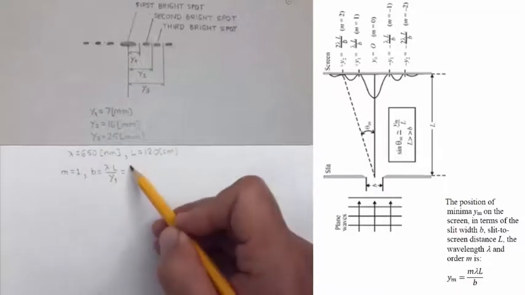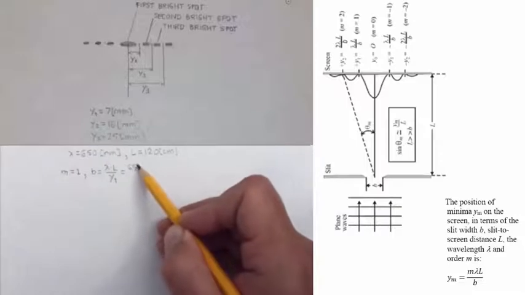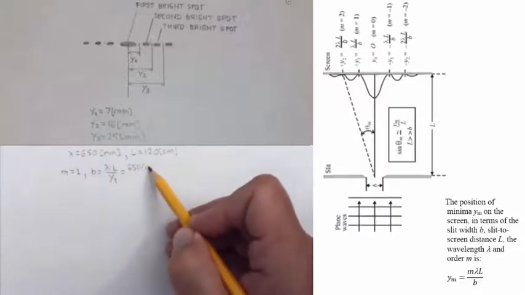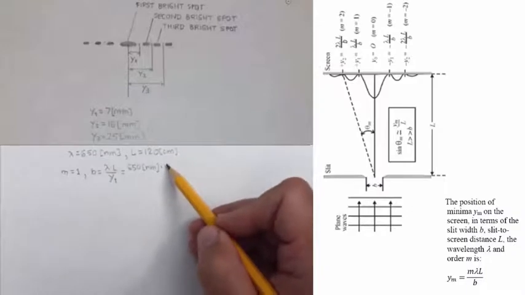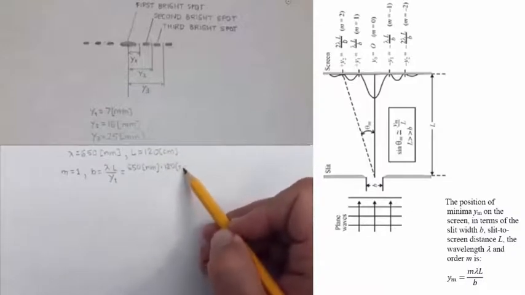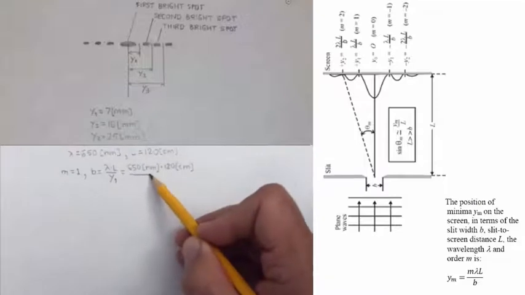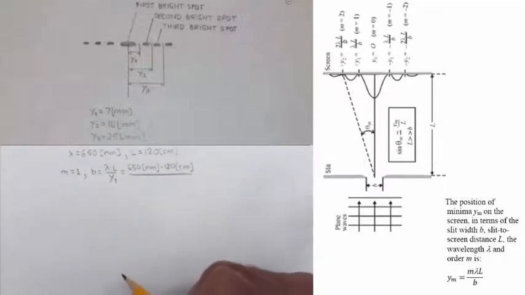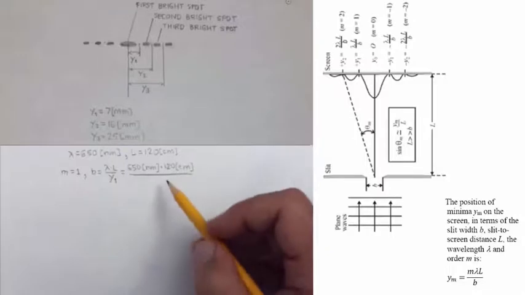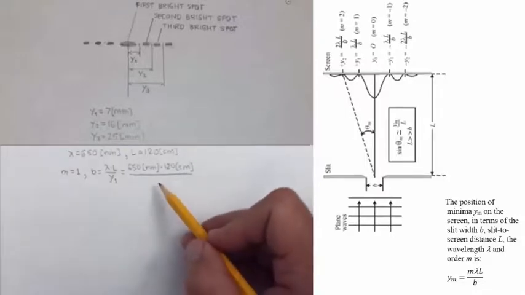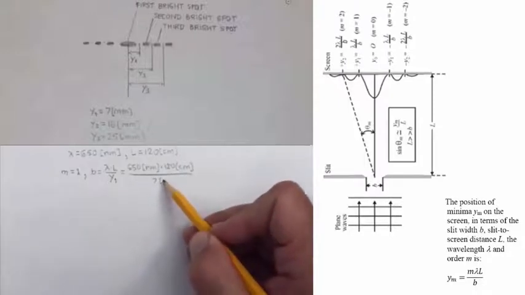Here we can substitute for lambda 650 nanometers times the L, which is 120 centimeters, over the y1, which represents the distance of the first dark spot in our diffraction pattern from the center of the diffraction pattern. In our case, it was 7 millimeters, so we are going to put 7 millimeters here.